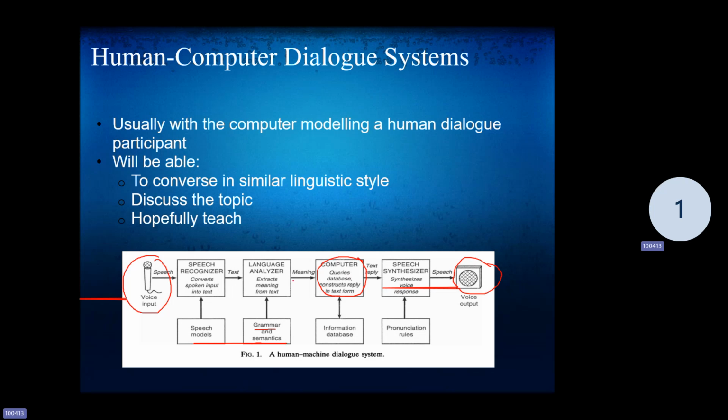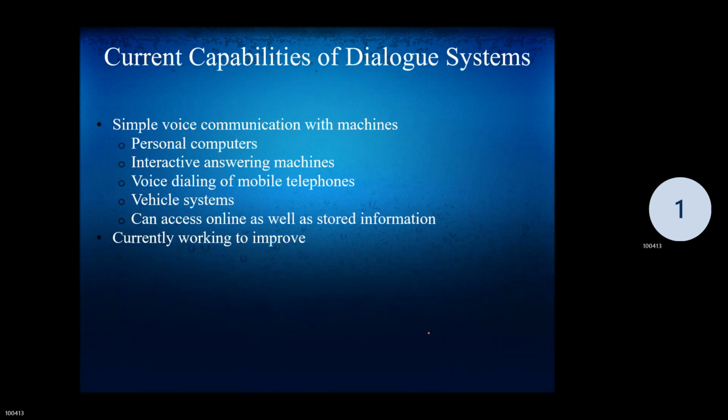And then after getting the meaning, it can search for your query in the information database. And then the speech synthesizer gives some pronunciation rules so that you can easily understand whatever output you get from the NLP. This is the human computer dialogue system.